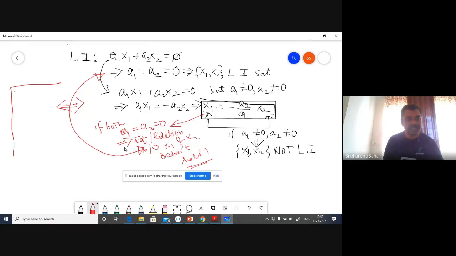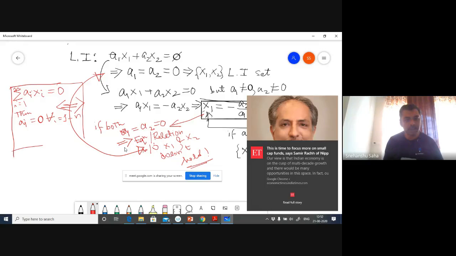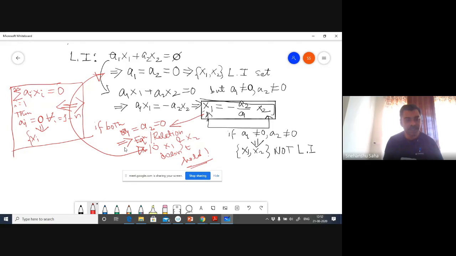Formally, if a linear combination of a set of vectors equals 0, and ai equals 0 for all i from 1 to n, then only what implies is that the set of vectors xi is linearly independent, otherwise not. So this is the formal definition.